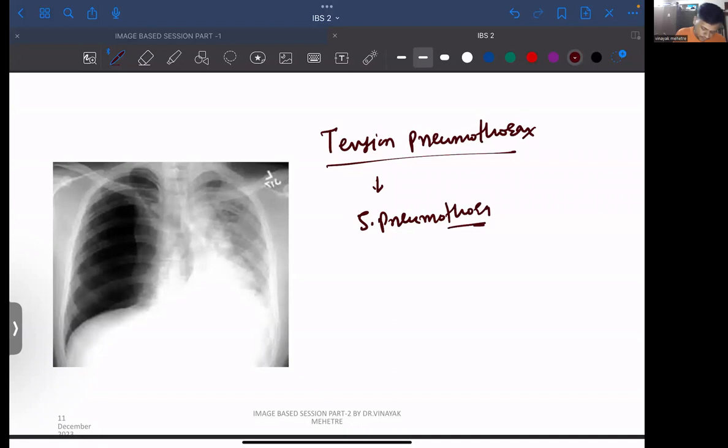CP angle is going deep, deep sulcus sign, absent bronchovascular markings, है ना, विसरा और प्लूरा के बीच में क्लियर लाइन आ चुकी है. Trachea is shifted, it should be over here, but क्या हुआ? Tracheal ring is shifted. So does our heart's right border, along the spine, यहाँ पर होनी चाहिए. It has shifted to the left side. So this is called tension pneumothorax. क्या मिल रहा है इसमें? Mediastinal shift.